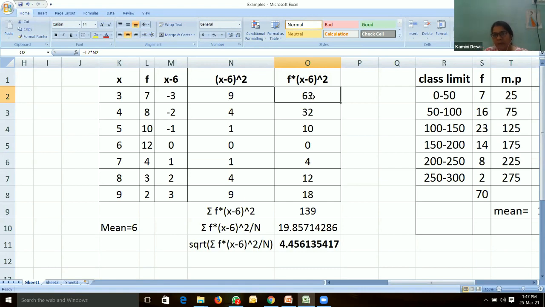But whenever the problem is in this form, X and F, where they have given the frequency, at that time we have to use this formula to calculate the variance and sigma. Here we are calculating the variation in our data, how much variation the particular data has.